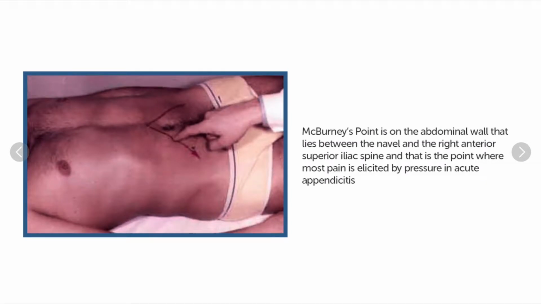This is not just a test, but for patients having pain due to acute appendicitis, the most painful area, for example, this is your appendix. Usually your appendix would be situated here, or I guess lower, but for illustration purposes, it would be here. The most painful part would be your McBurney's point.